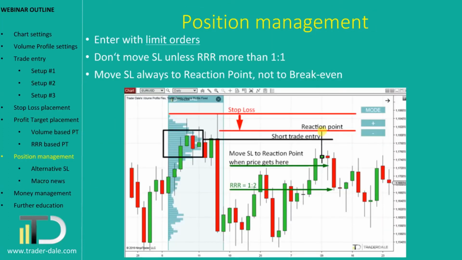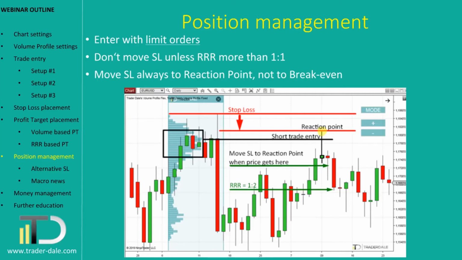Alright, next thing I would like to cover, position management. As I said, I enter all my swing trades with simple limit orders. I don't use any sort of confirmation to enter my trade. I simply enter at the first touch. So when I trade with risk-reward ratio close to 1, which I prefer, then I don't move my stop loss to secure my position.